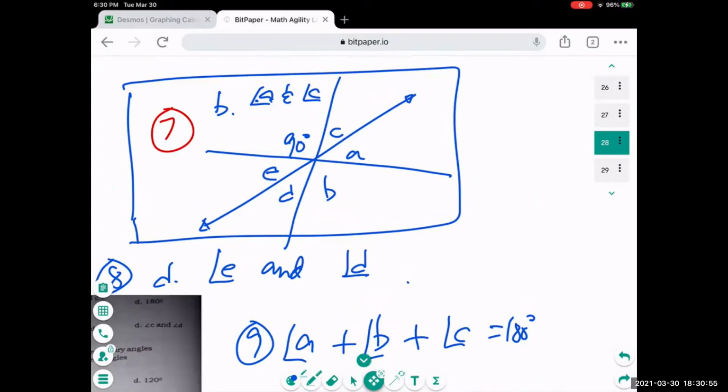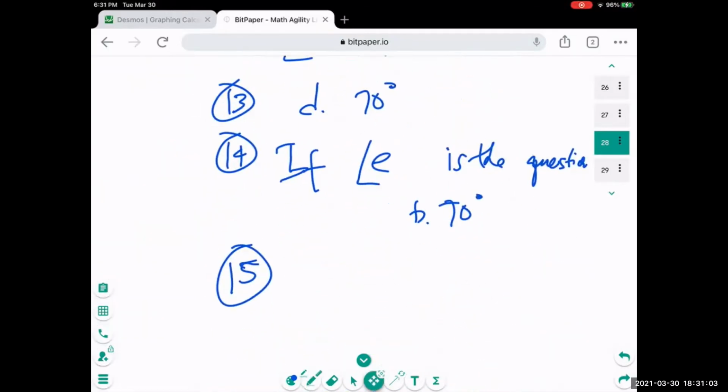If you look at the drawing, it's angle A and E, right? Angle A and E, another congruent pair. Okay, so we're done with the question from Arwin.